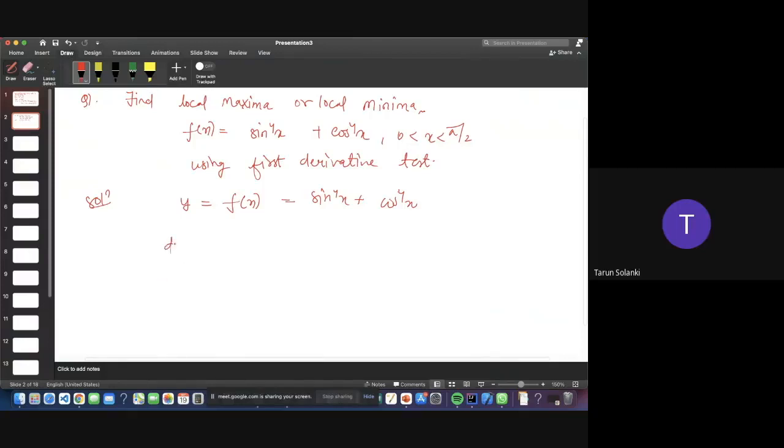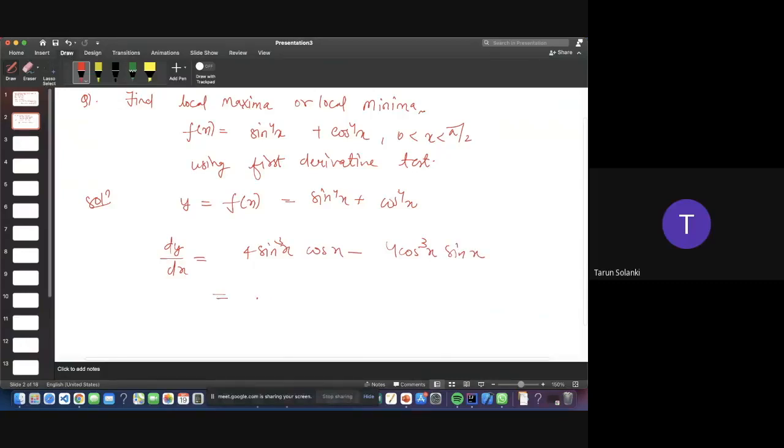So dy by dx will become 4 sin^3 x cos x minus 4 cos^3 x sin x, right?